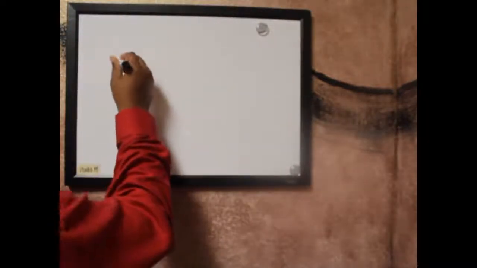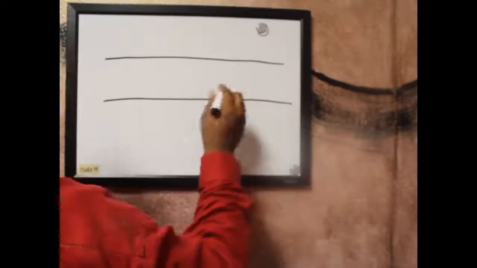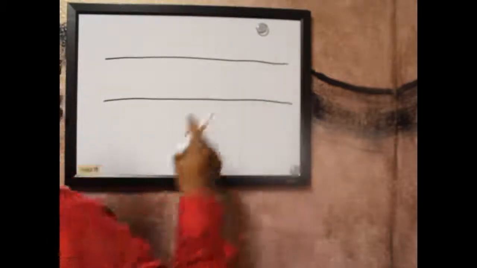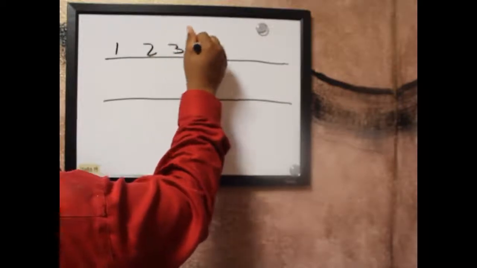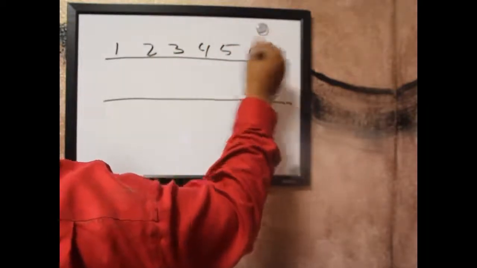What I do for my students is that I draw a chart, and you have to excuse my rotten penmanship. I had a really bad third grade teacher, and this is not something I learned to do very well. We're going to write the numbers 1 through 7 on the top of the chart. 1, 2, 3, 4, 5, 6, 7.